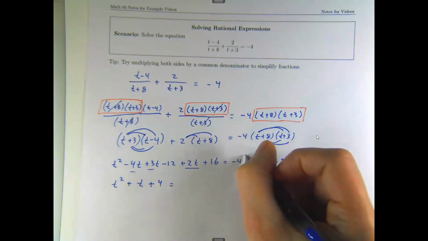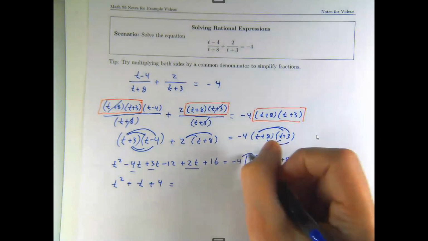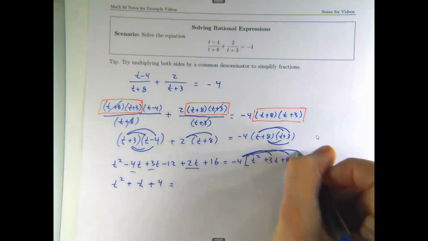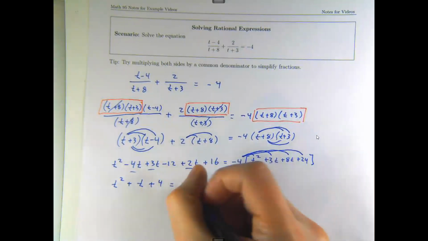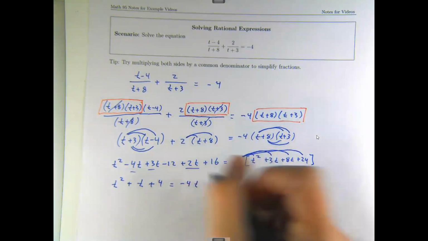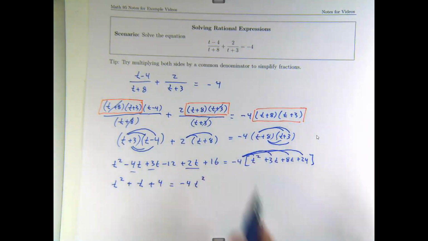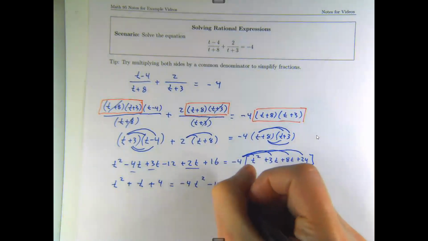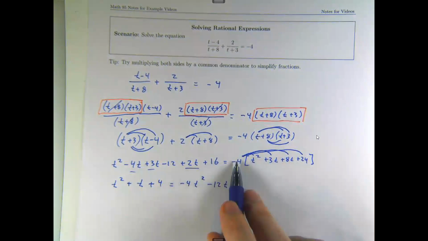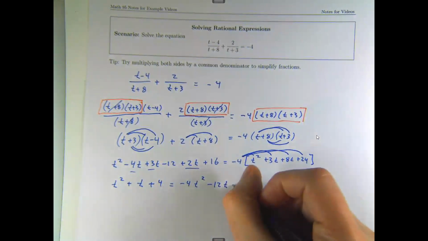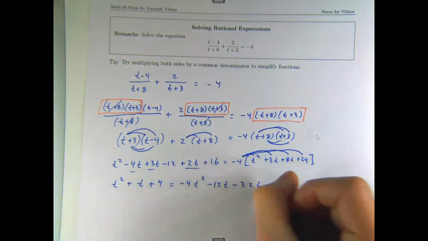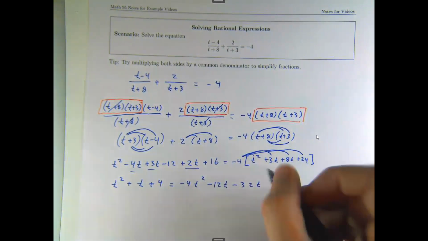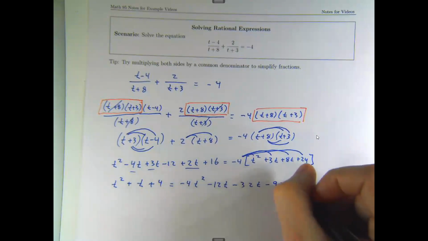On the other side, I'm multiplying out this negative 4 to each of those components. I'm going to have negative 4t squared. I'm going to have minus 12t. Negative 4 times the 8 is going to be minus 32t. Negative 4 times the 24 is going to be minus 96.